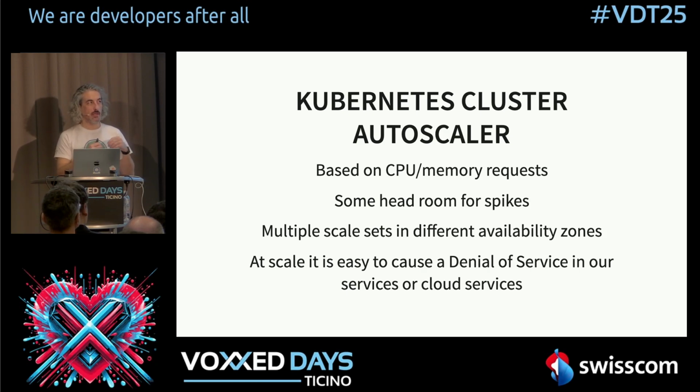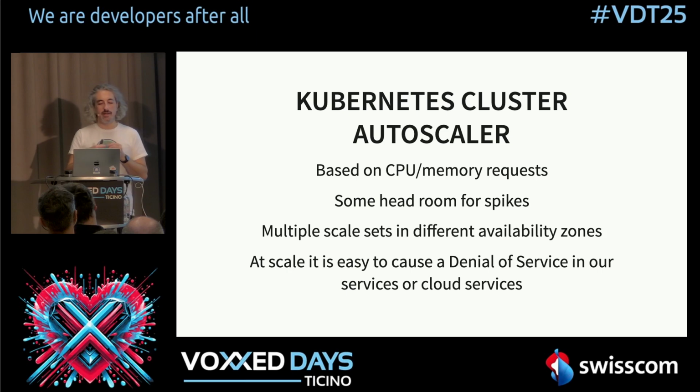We had issues where the cluster autoscaler is hitting the cloud provider APIs, and you may get throttled if you're hitting them too often. And then it was like, oh, the cluster is not scaling. Oh, okay, because we consumed the rate limiting of the cloud provider. I think that should no longer be the case.